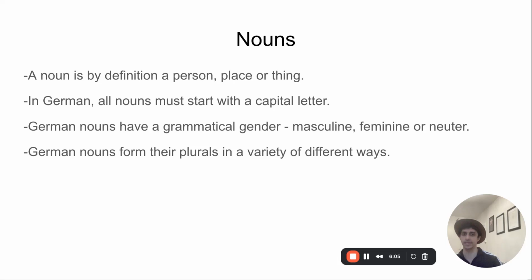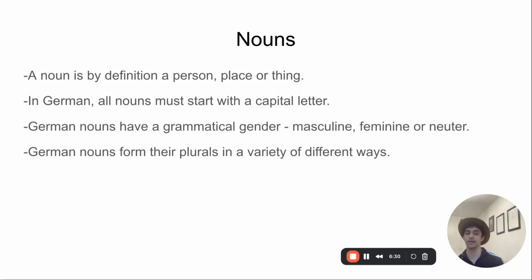And sometimes those endings in themselves will give away what gender that noun is, whether it is masculine, feminine, or neuter, which actually can hugely reduce the amount of learning that you've got to do. But do make sure to learn the gender for every noun. Do make sure that you're aware of that because you need to know the gender to be able to use it correctly in speaking and in writing.